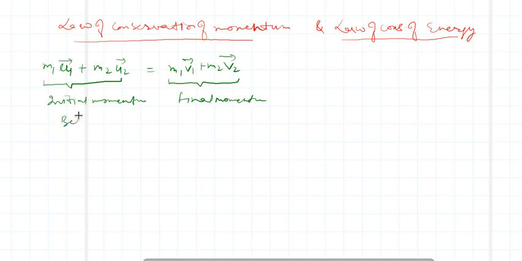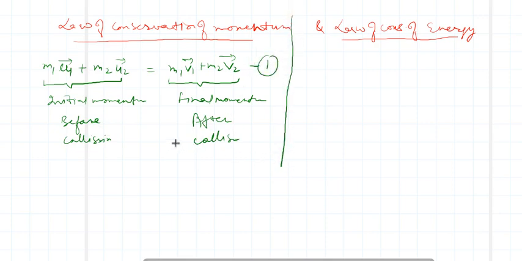This is the momentum before collision, and this is after collision. Let me call this equation number 1. Both momentum and energy are conserved for an elastic collision. That we have to keep in mind.